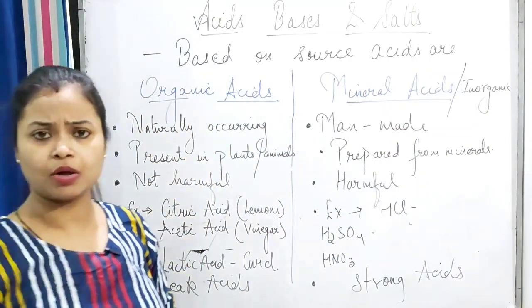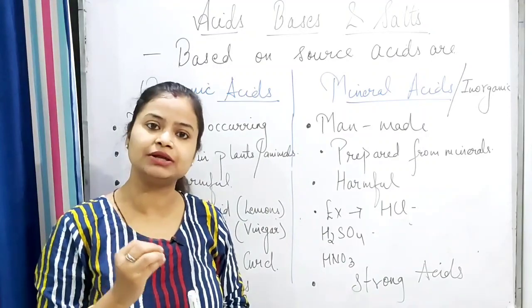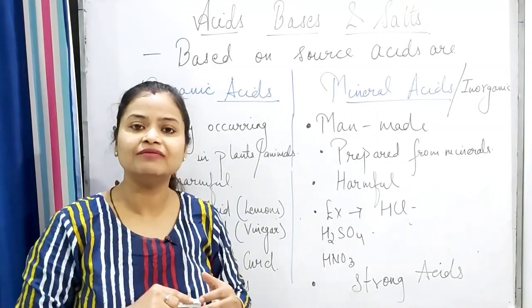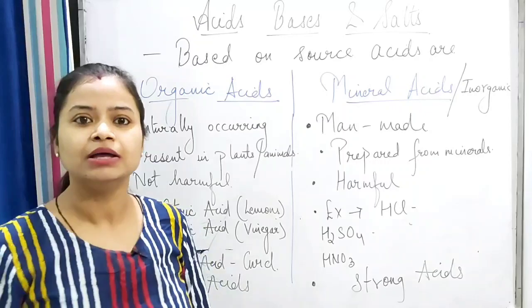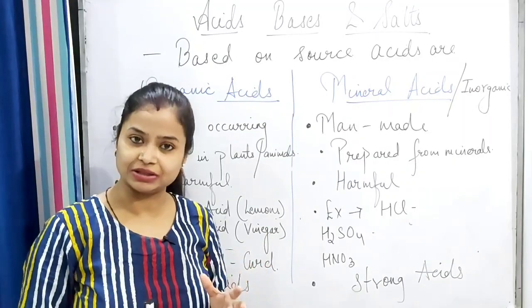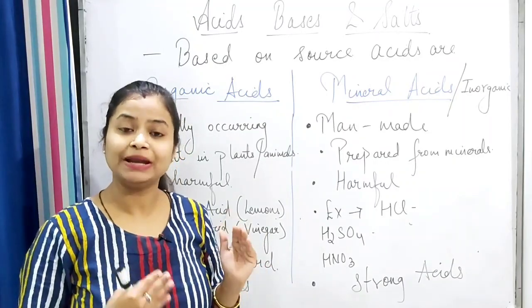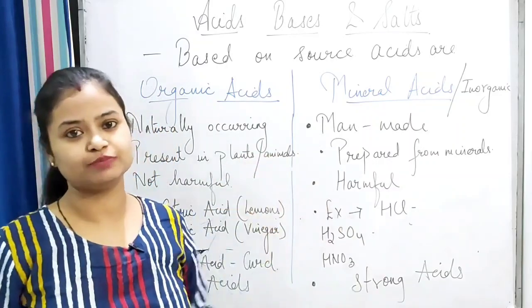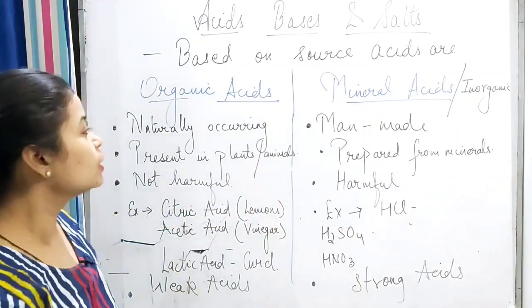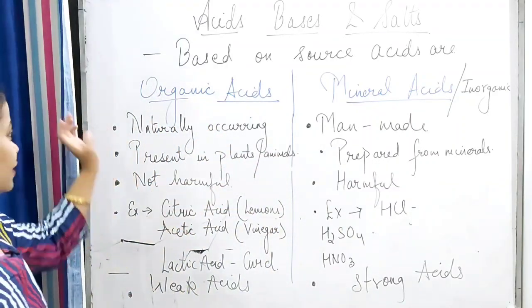One thing you remember always: the word organic is related to living things. Whenever this word organic comes, it is related to living things. So depending upon that, these two types of acids are there. Let us see them in detail.